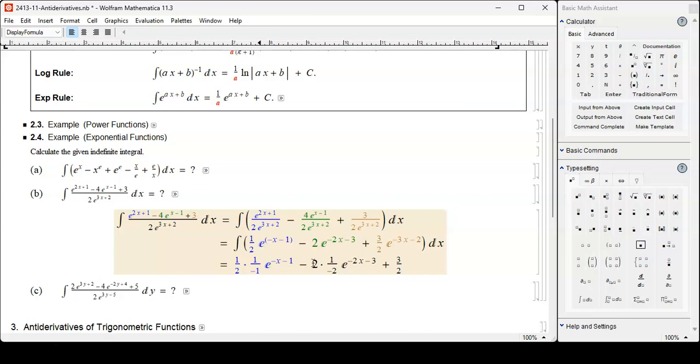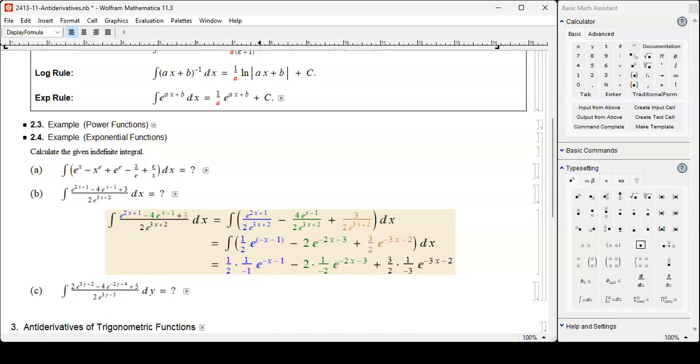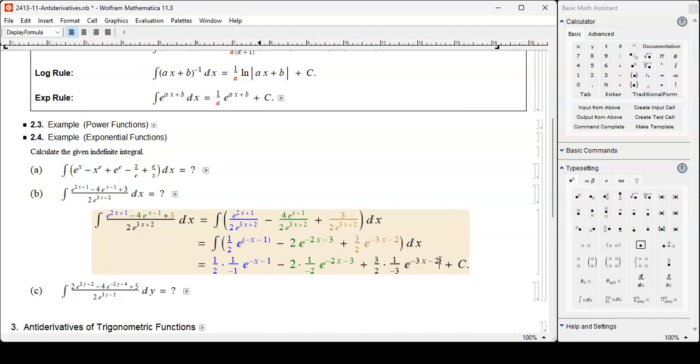Oh, by the way, this is green. 3/2, and then exponential stays the same. Negative 3x minus 2. And then we have 1 over negative 3. We need 1 over a. So this is brown. And that completes the problem.